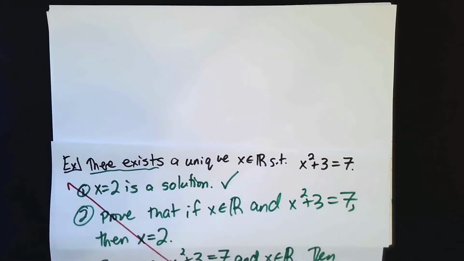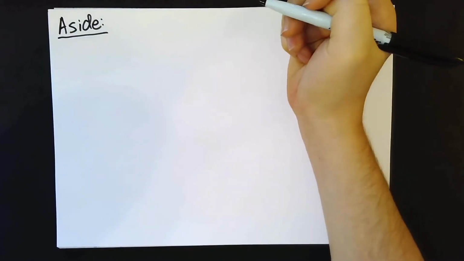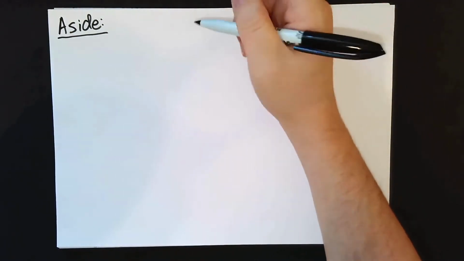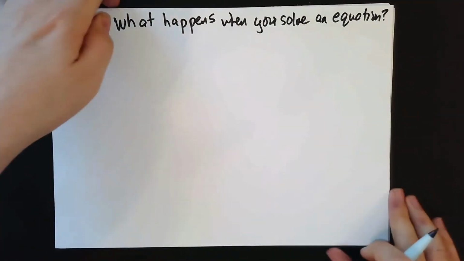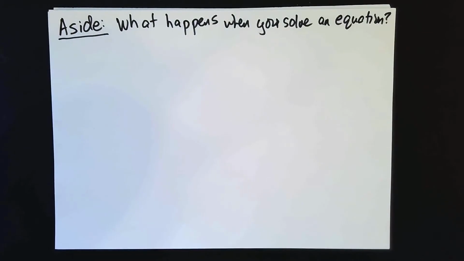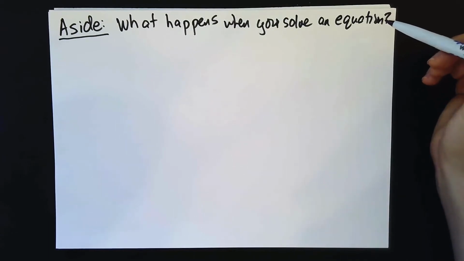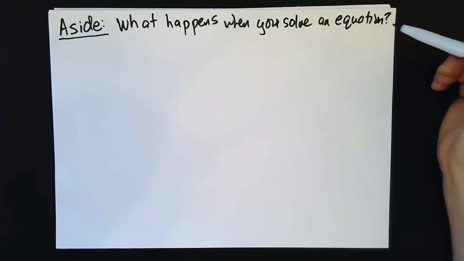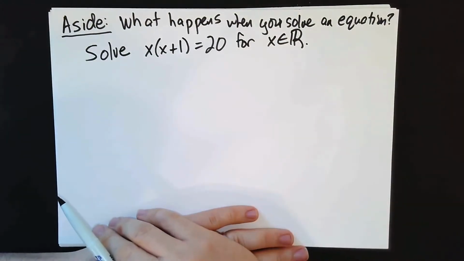This warrants one further aside before we leap back to talking about the division algorithm, which is what happens when you solve an equation. That is to say, logically, what's happening? So let's go way back to something that you would have done in like Algebra 1, and let's solve the equation x times x plus 1 equals 20.